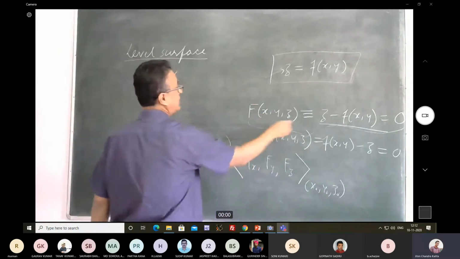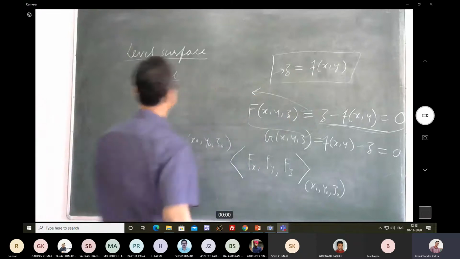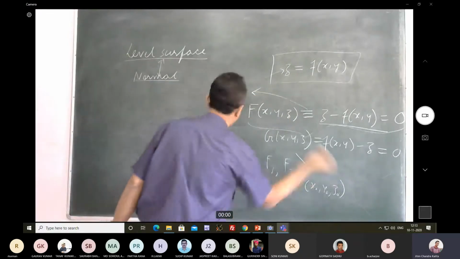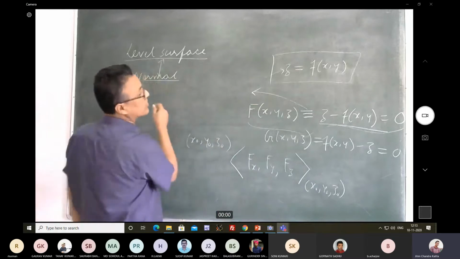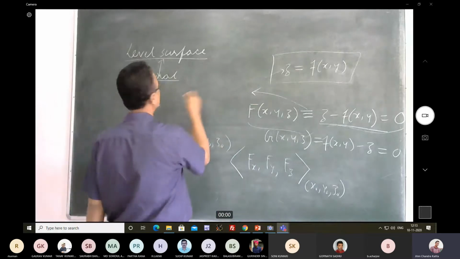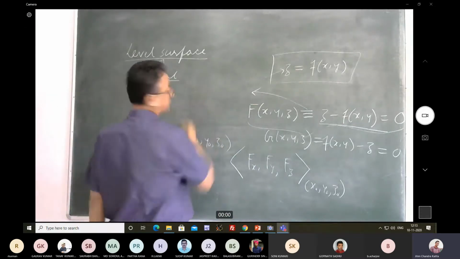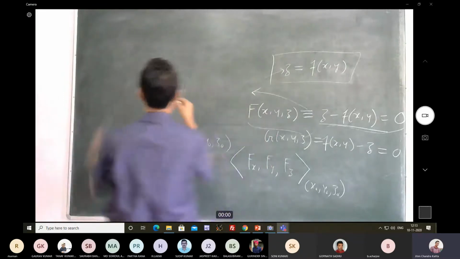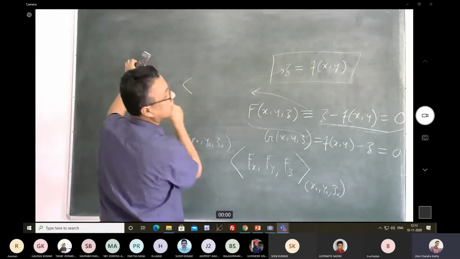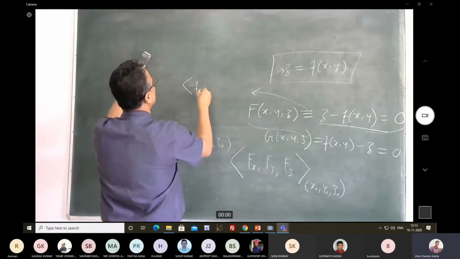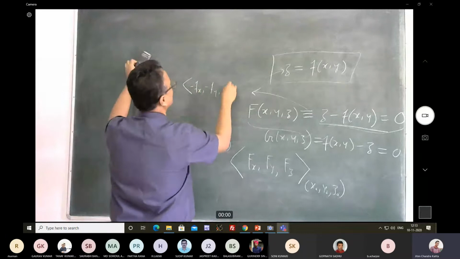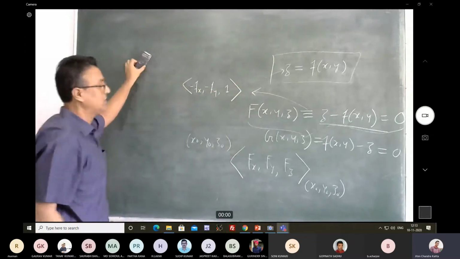In this case, a normal to the surface at the point x0, y0, z0 for this one is going to be given by minus fx, minus fy, 1, right?